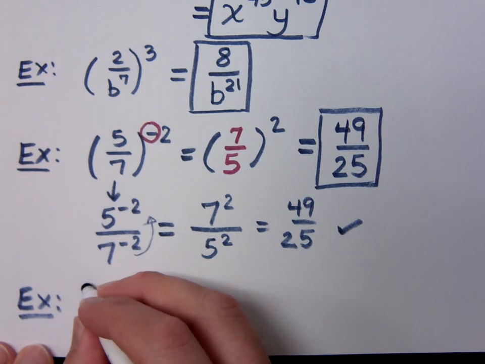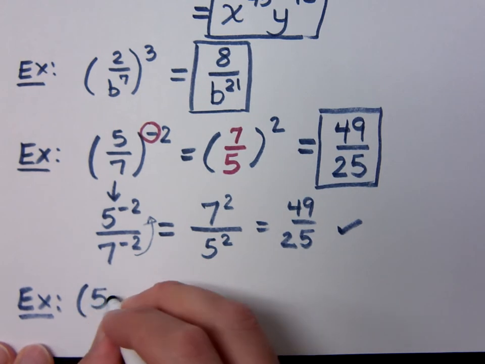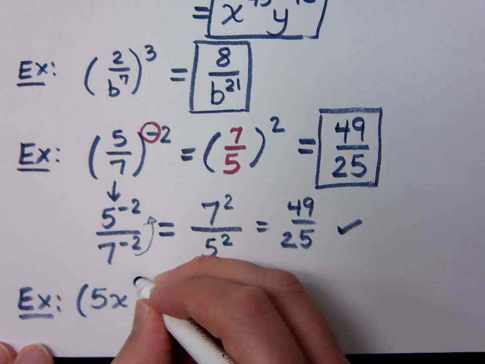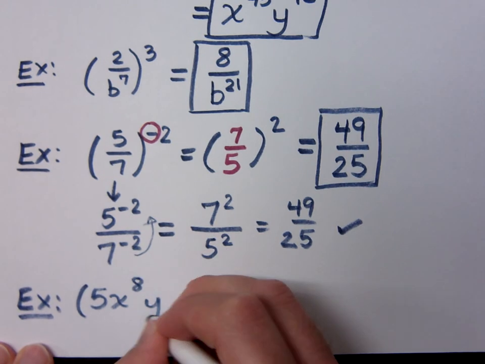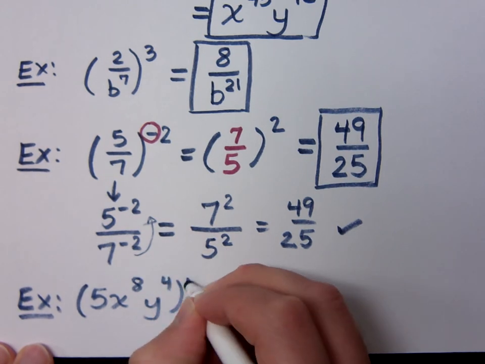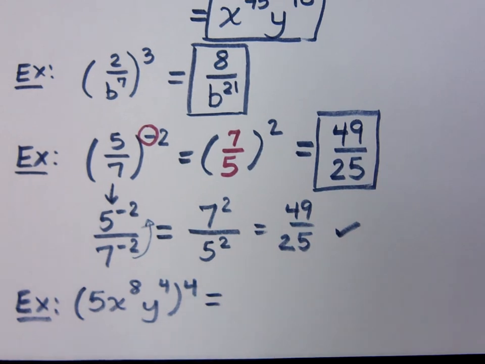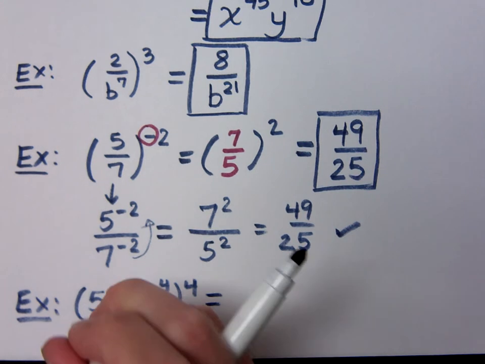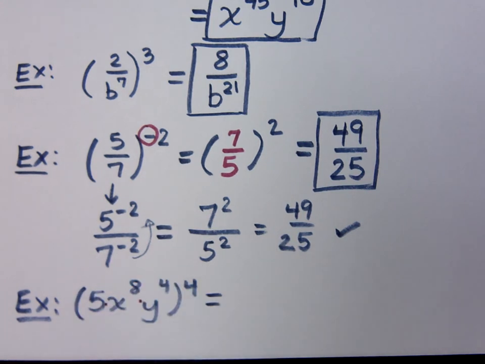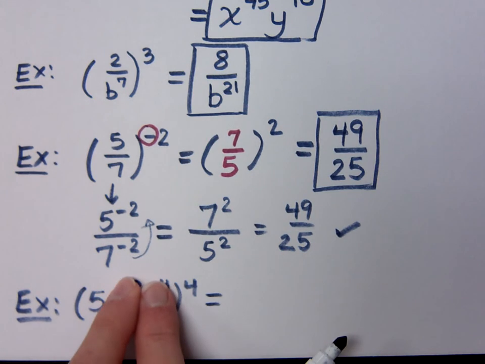All right, let's try one more here. 5x to the 8th, y to the 4th, raised to the 4th power. How many factors do I have inside this parentheses? 3. I've got 3, right? So do it a piece at a time. If I just cover this up, that's 5 to the 4th.